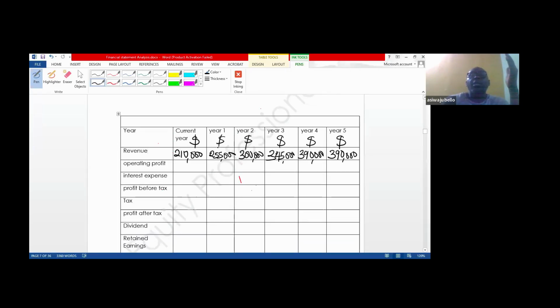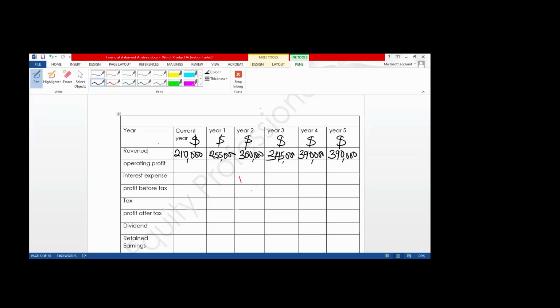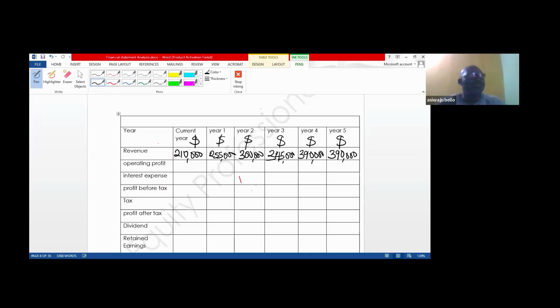Look at it. Year 1 revenue increase, year 2, year 3, year 4. In year 5, the revenue will not increase again. We have gotten revenue for the next 5 years.